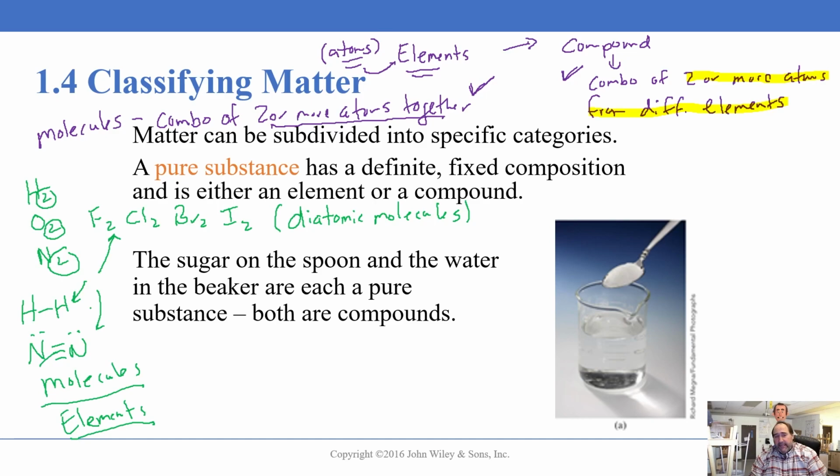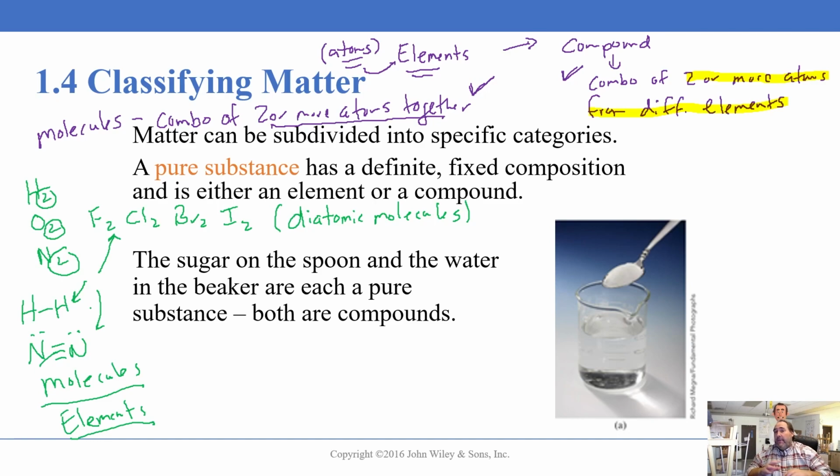These seven are both elements and molecules. And by the way, that is how those elements come when they are by themselves and not combined. Hydrogen by itself is hydrogen gas, which is two hydrogen atoms together. Oxygen, sometimes referred to as molecular oxygen, is two oxygen atoms together. Nitrogen by itself is nitrogen gas, which is two nitrogen atoms. Same thing with fluorine, chlorine, bromine, and iodine.